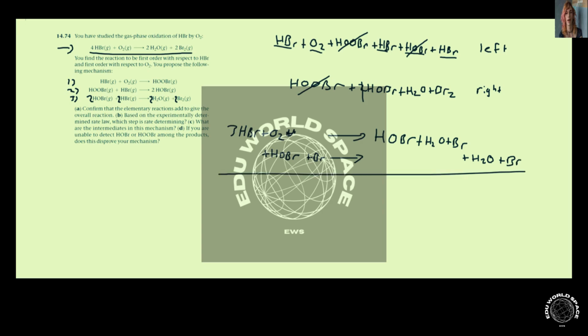So if you do this and rearrange, the HOBrs are going to cancel. I'm sorry, this is going to be HBr, not Br, so let's write HBr. So 3 HBr, 1 more HBr, so we're going to get 4 HBr plus O2, and on the right-hand side, we're going to have 2 H2Os and 2 Br2s.